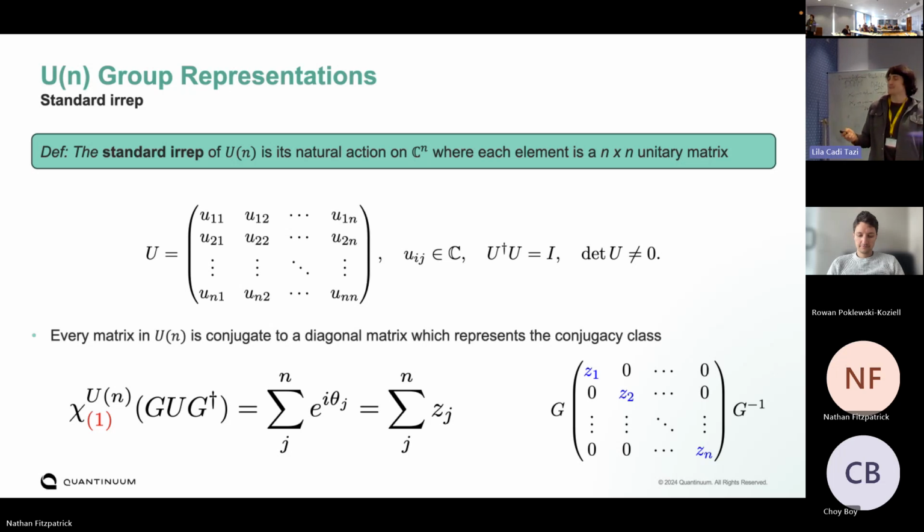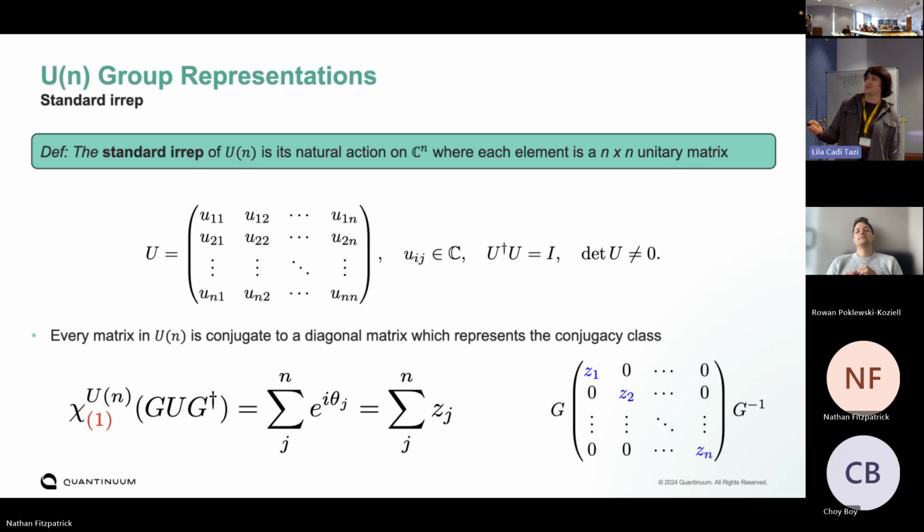Because every matrix in this group is conjugate to a diagonal matrix by some basis transformation, we can parameterize the full set of conjugacy classes on this set of diagonal matrices. And then the trace is just the sum of the diagonal of this diagonalized matrix.